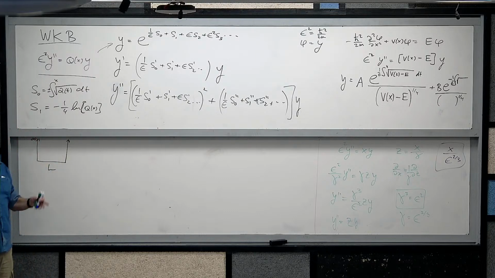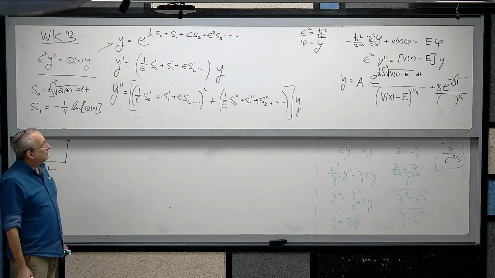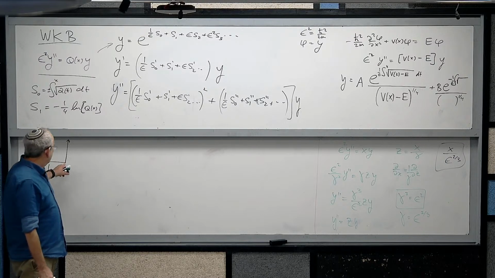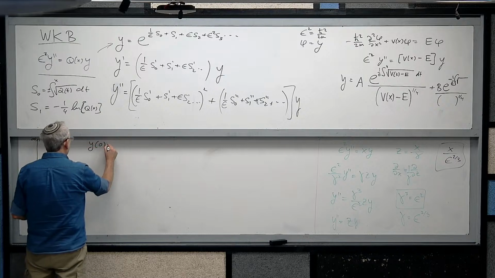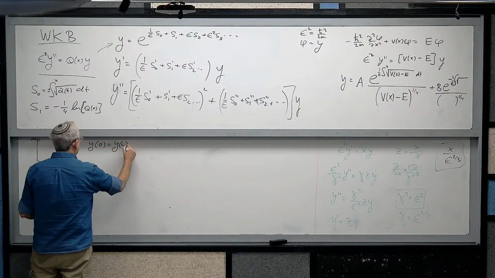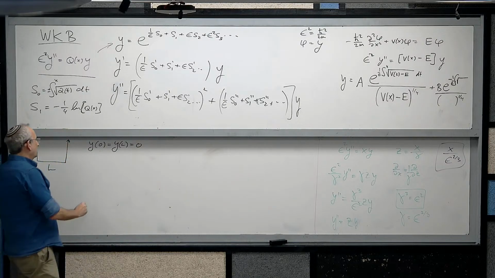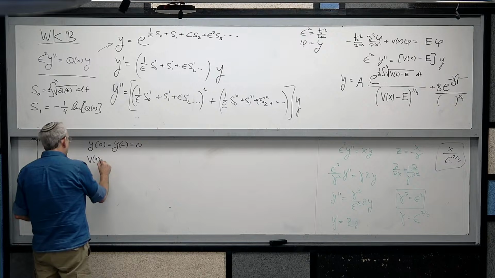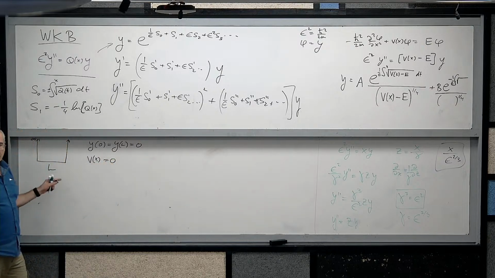A particle in an infinite potential. Our boundary conditions are y of 0 equals y of L equals 0. Now, V of x is 0 inside the well.